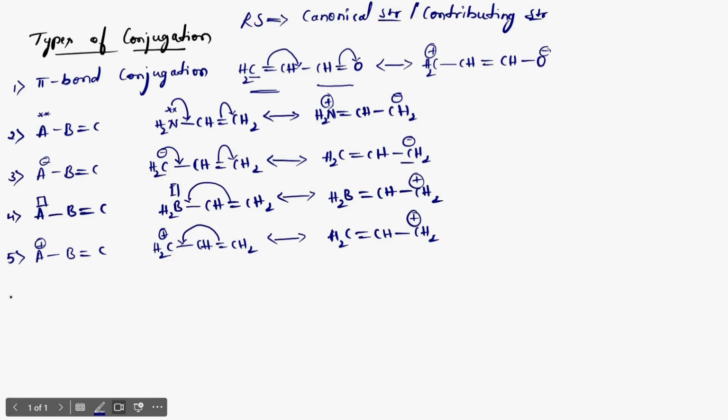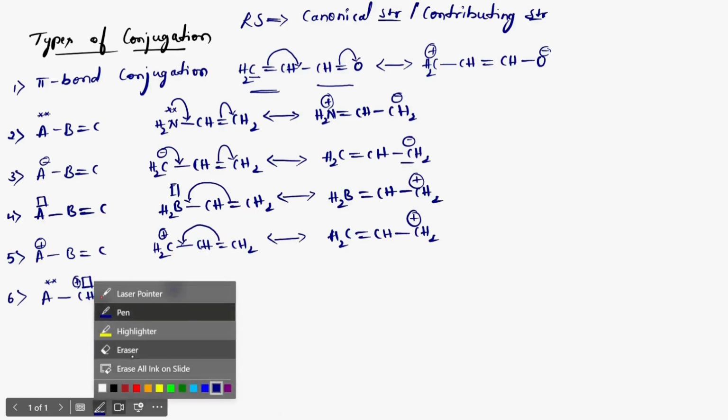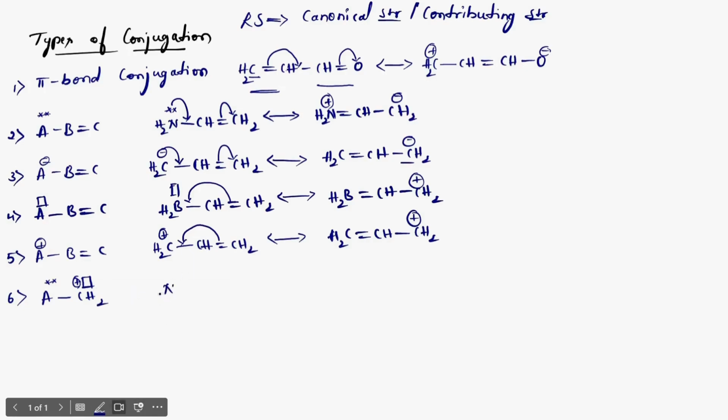Next type of conjugation is lone pair vacant orbital conjugation. That means the vacant orbital will have a positive charge. For example, NH2 single bond CH2 plus.